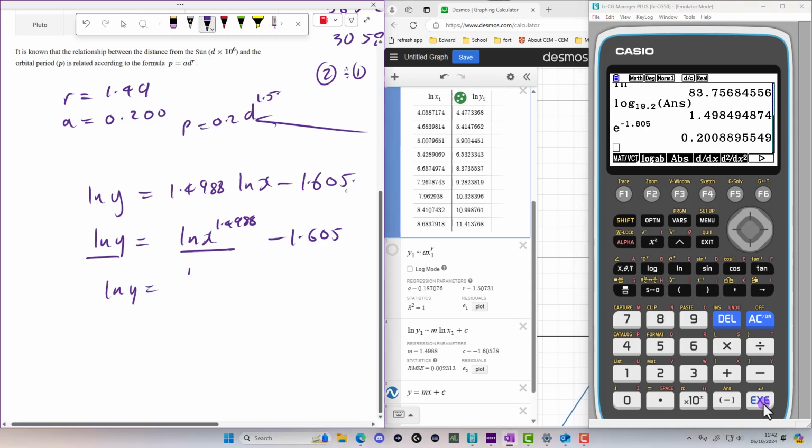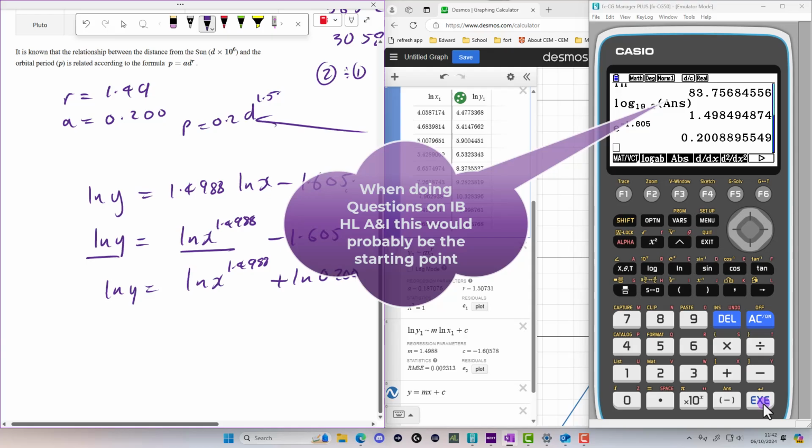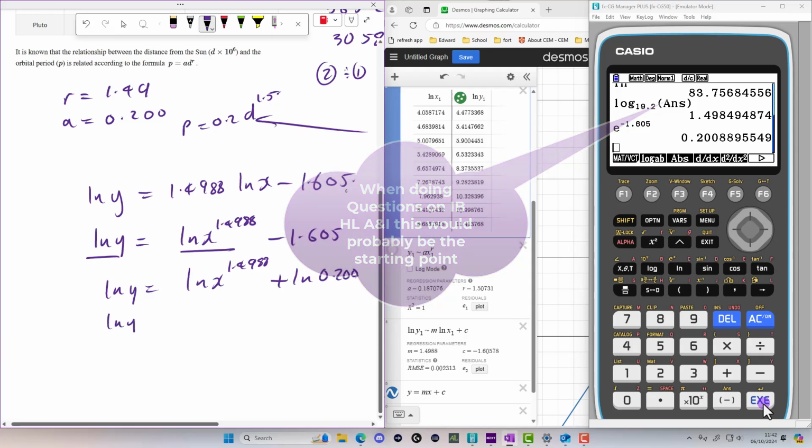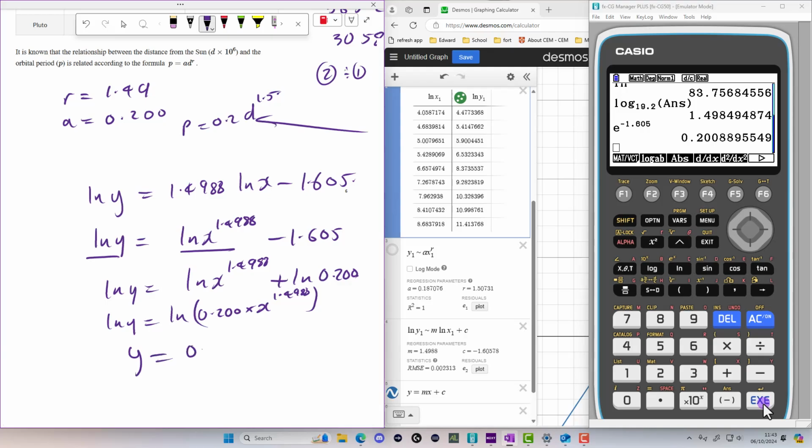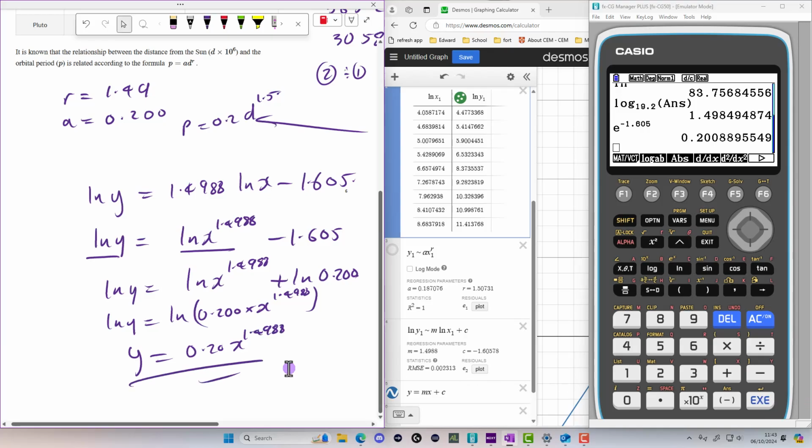So therefore, I've got natural log of x to the 1.4988 plus natural log of 0.200. And then I can realize I've got natural log of y equals natural log of 0.200 times x to the 1.4988. And if I take away the natural logs, I get y equals 0.20x to the 1.4988, which is my power law.